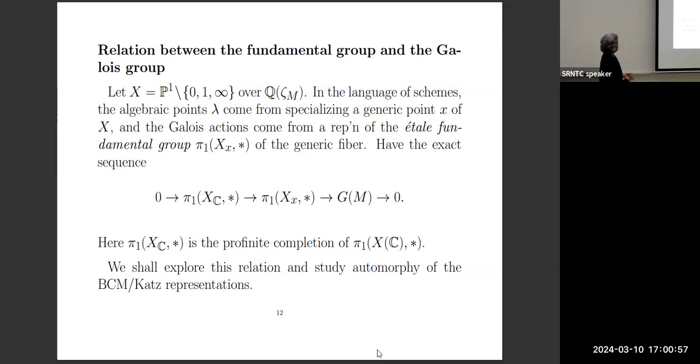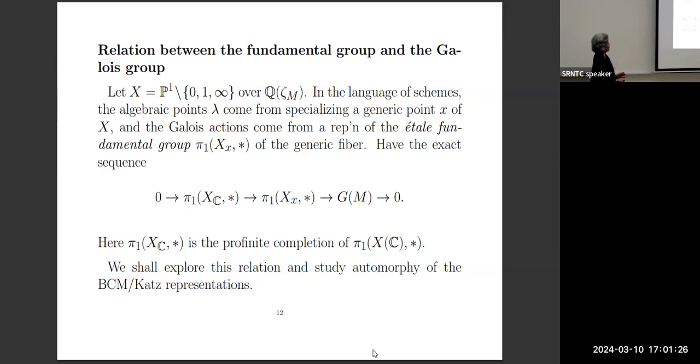So what we are going to do is exploit this relationship between the complex side and the algebraic side, or the analytic side and the algebraic side. Also, because these CAS representations and the BCM representations all arise from geometric constructions, and they are ramified at only finitely many places, according to Langlands' philosophy they should be automorphic.